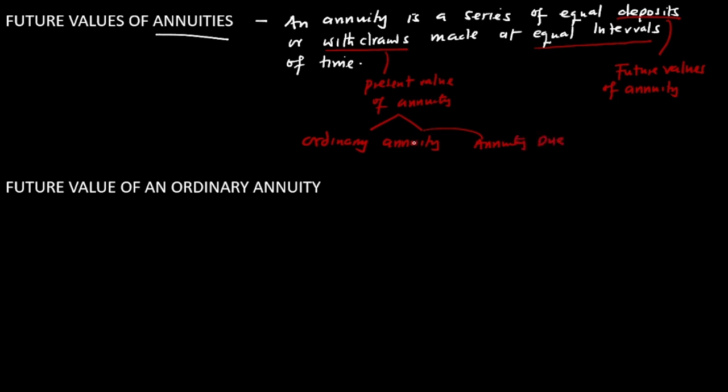So under the present value, we have these two types of annuity: the ordinary annuity and the annuity due. Even under the future value annuity, we also have the annuity due and the ordinary annuity.